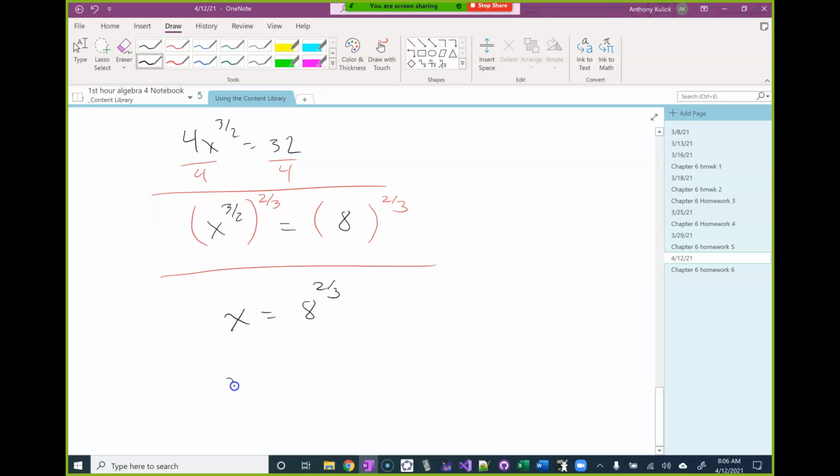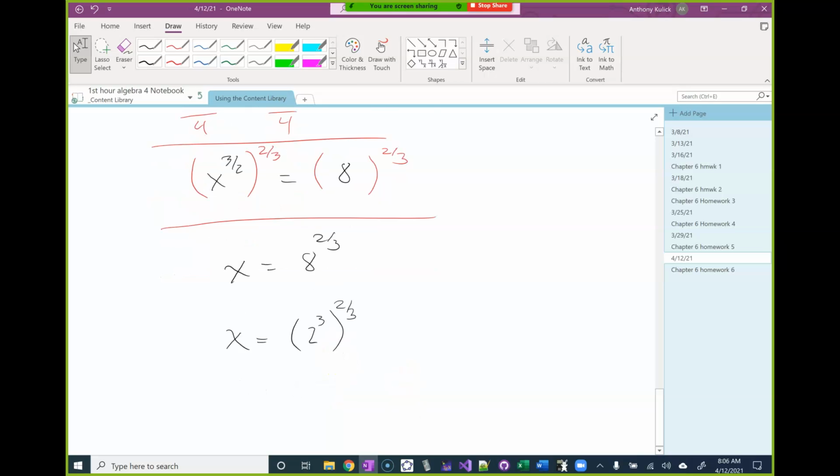So I'm going to start just by doing a prime factorization on the 8. So 8 is 2 to the 3rd. And then if I have an exponent of an exponent like this, again, they multiply. So that's really 2 to the 3 over 1 times 2 over 3.